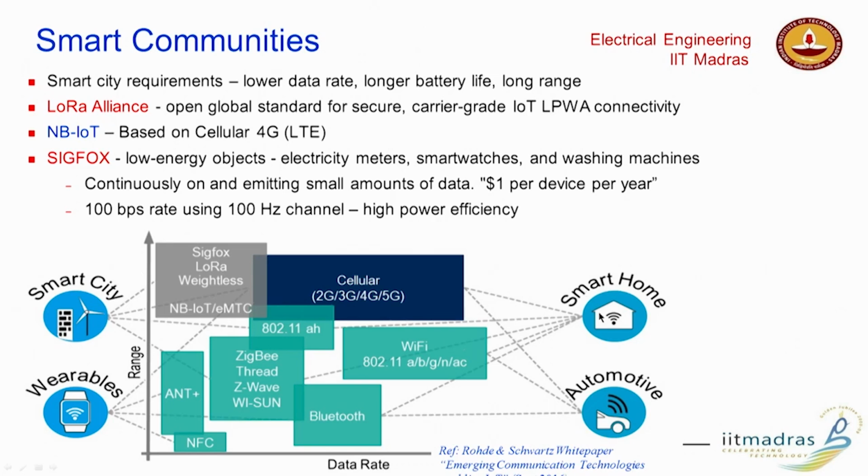Smart home, which means monitoring of the devices in your home, may not require cellular; probably Bluetooth or a system like Zigbee would do. And there are competitors to Zigbee, as you can see, several others which are very similar, so you would have to look at some of those. And if you are talking about a smart city, again some other set of systems.